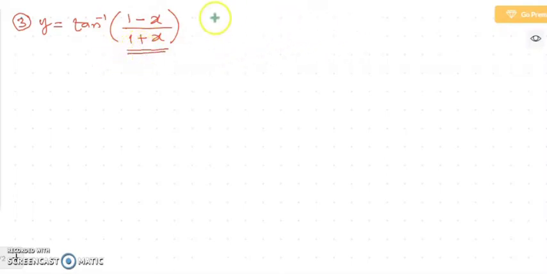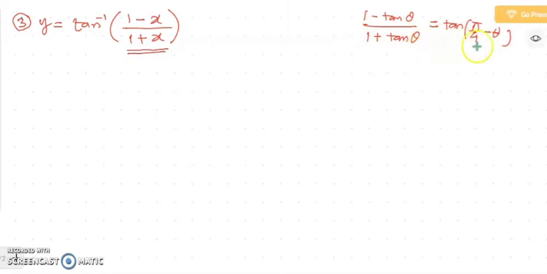What is the formula similar to this? 1 minus tan theta upon 1 plus tan theta is equal to tan of (pi by 4 minus theta). So remember this formula.